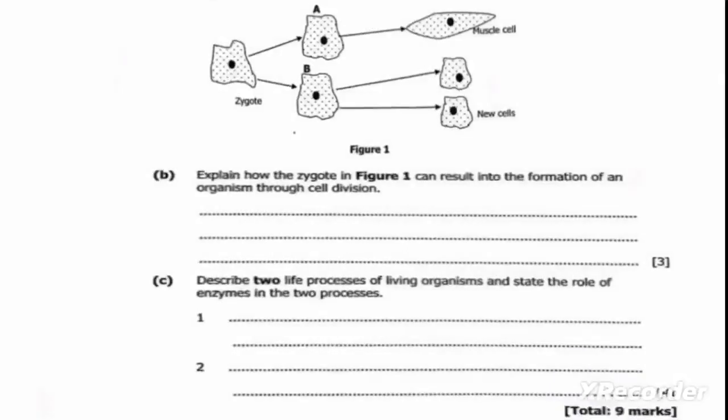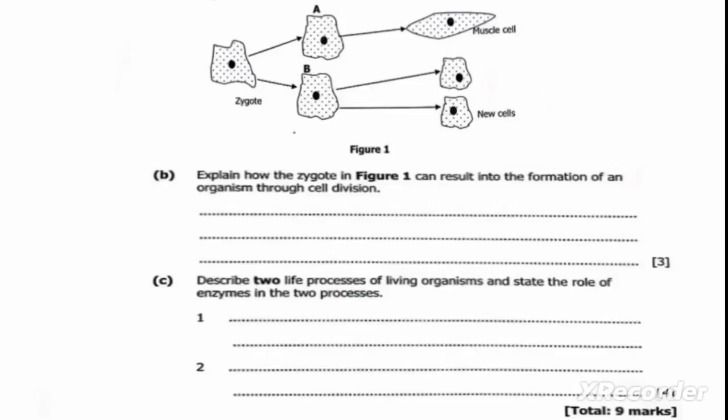We shift to B. Explain how the zygote in figure 1 can result in the formation of an organism through cell division. To answer this question, we need to consider cell organization levels. A cell is made up of different organelles such as mitochondria, ribosomes, endoplasmic reticulum.